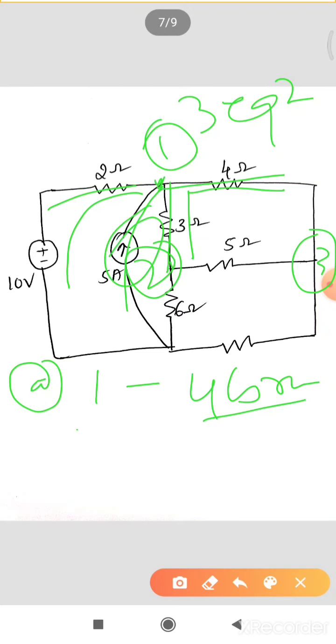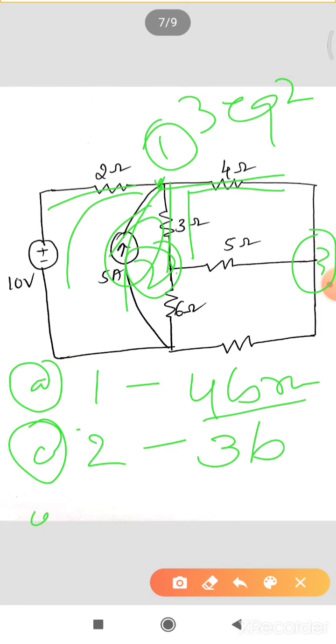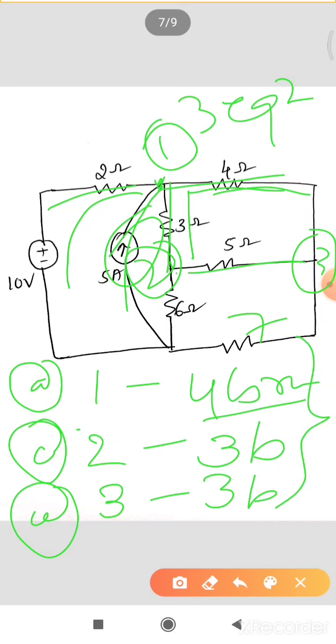At the second node, how many branches are there? 3 ohm, 5 ohm, 6 ohm, only 3 branches. And at the third node again 4 ohm, 5 ohm and 7 ohm, there are 3 branches. This has to be well known to us, because we are going to write the equations based on these 3 nodes, so we get 3 equations.